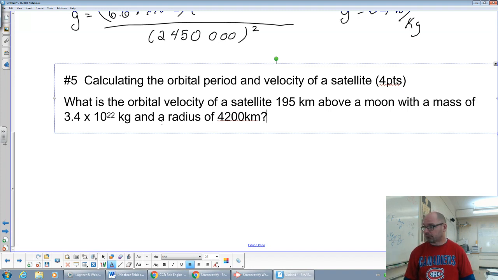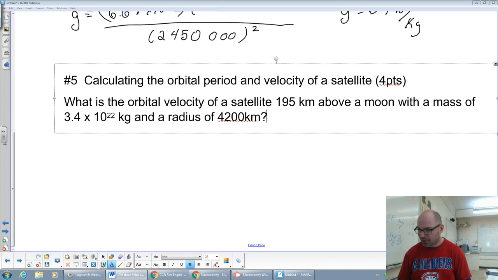The first thing we've got to do is get the formula for orbital velocity. That'll be on the exam, and I even put the words in there, as you saw at the beginning when I showed the formulas.